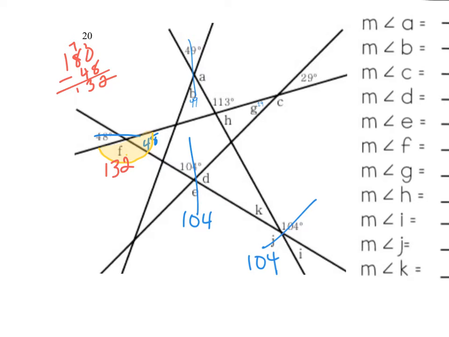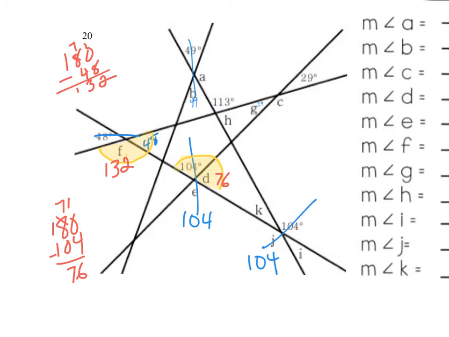Okay, now I notice that 104 and D are also sitting on a straight line. I got a little semicircle there. That's supplementary. So I'm going to do 180 subtract 104, 76. So that'll be 76.